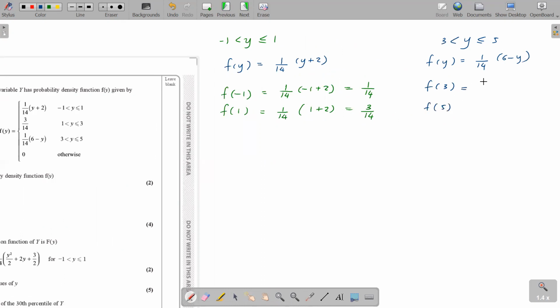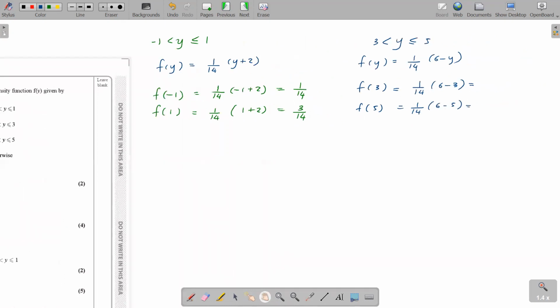F3 is 1 over 14, 6 minus 3. This is 1 over 14, 6 minus 5. Can I know how much these values are? 3 over 14 and 1 over 14. Okay, so then let's draw the graph now.